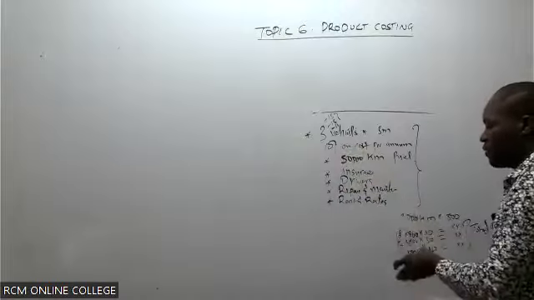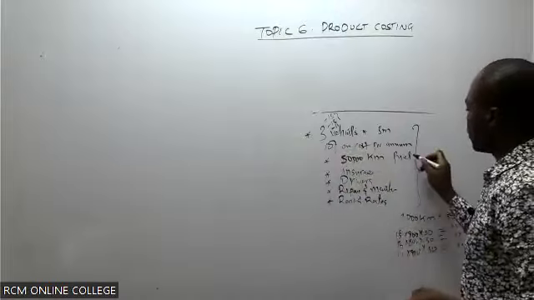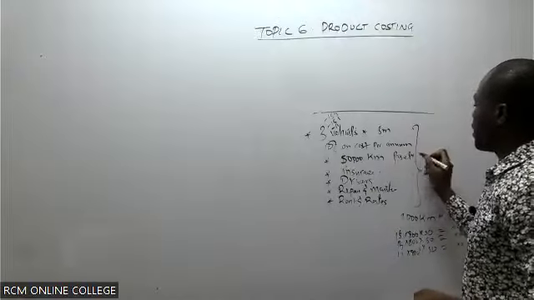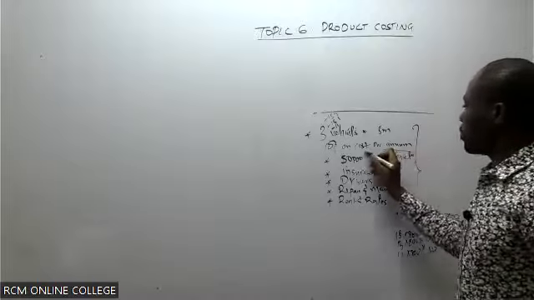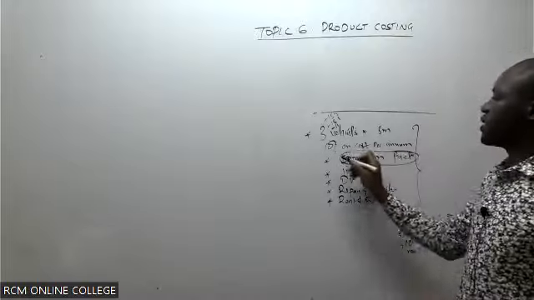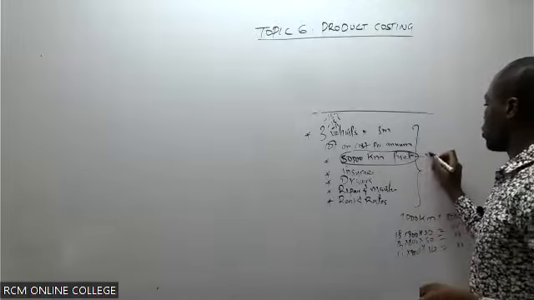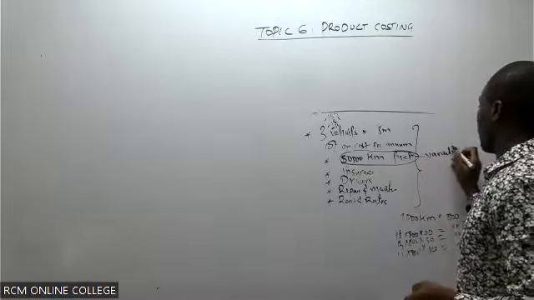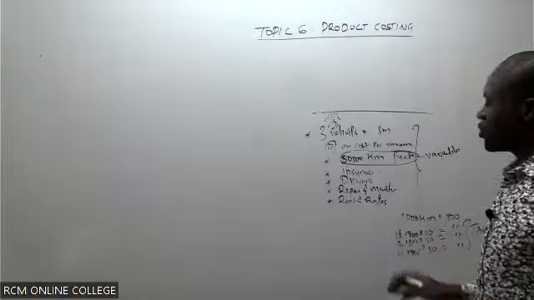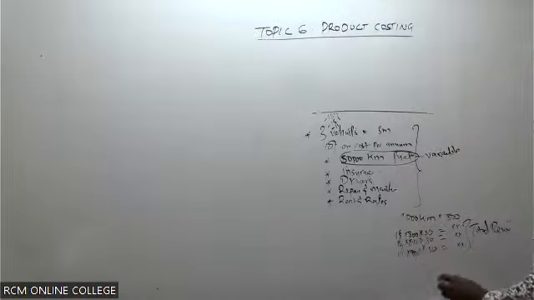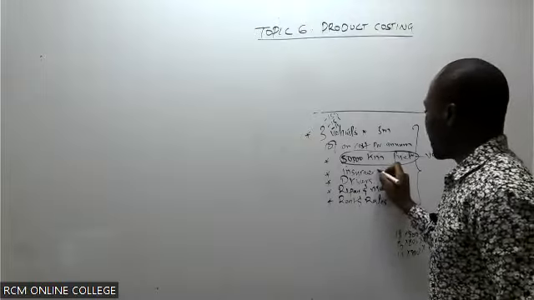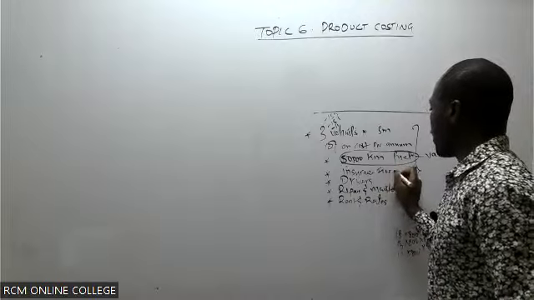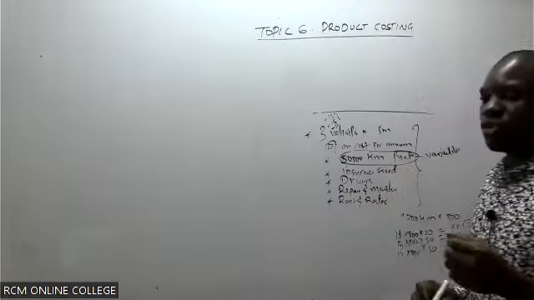When you come to this part, there are those costs that are directly related to the service these people are offering. For example, the vehicle will only use fuel if you are having passengers. This depends on the distance covered, so we are going to call it variable. It is directly related to the service we are offering. Insurance, maybe you are taking it once in a year, it is fixed, whether you use the vehicle on a daily basis or not.